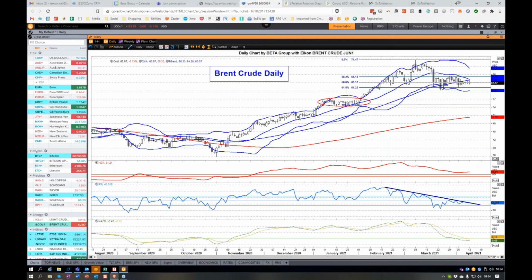On the daily chart, it doesn't look as threatening as it does on the weekly chart. We're consolidating. We retraced 61.8 percent of this recent advance, and we're moving very sideways. All last week, the candles were very neutral, small bodies and small ranging candles, as neutral as you can get.